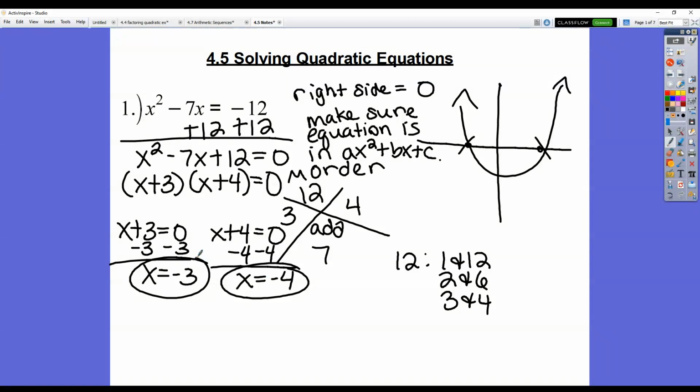And that's it. So what this means is this graph's going to cross the x-axis at -4 and -3. Might look something like that. So those are your zeros.